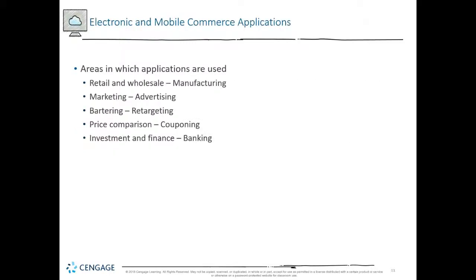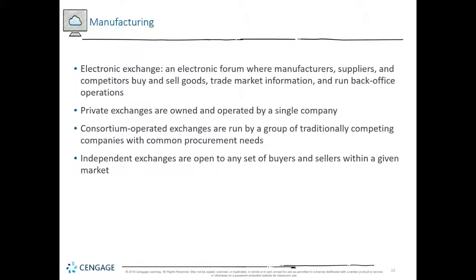Electronic and mobile commerce applications. Areas in which applications are used: retail and wholesale, manufacturing, marketing, advertising, bartering, retargeting, price comparison and couponing, investment, and finance and banking. In manufacturing, electronic exchanges are where manufacturers, suppliers, and competitors buy and sell goods, trade market information, and run back-office operations.